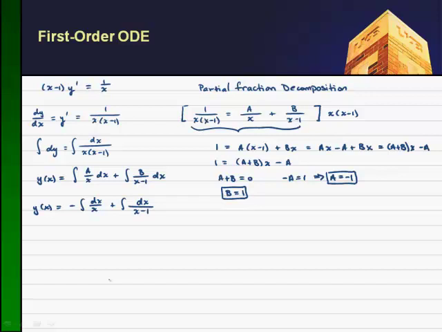This is pretty simple, because the integral of dx over x is just the natural log of the magnitude of x, and that's important because I don't have any initial condition to tell me what region x is in. If it's a negative region, I need to write the natural log of the negative of x. And here I get plus the natural log of the magnitude of x minus 1, plus some arbitrary constant.